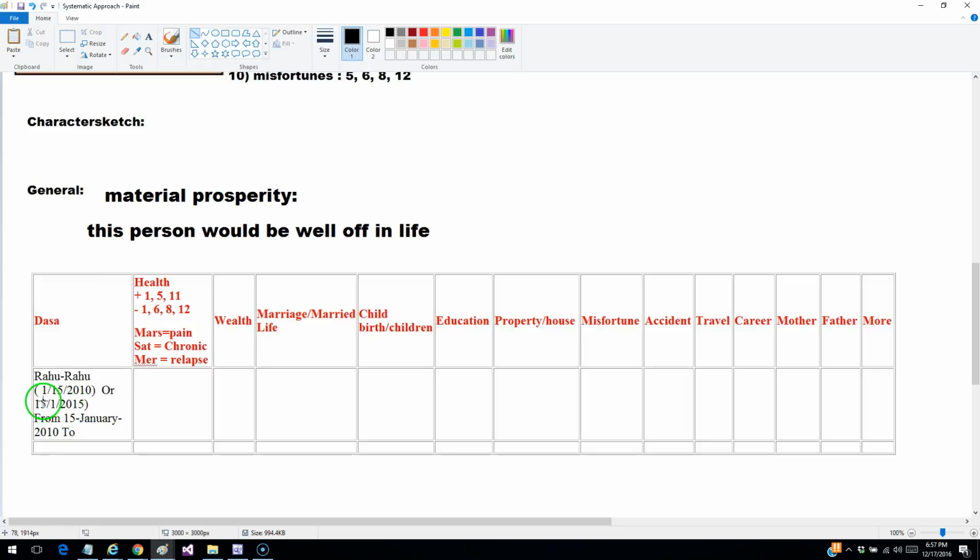I don't prefer writing dates like this, because sometimes it creates confusion. So Rahu Dasha, Rahu Bhukti from 15 January 2010 to whatever date.